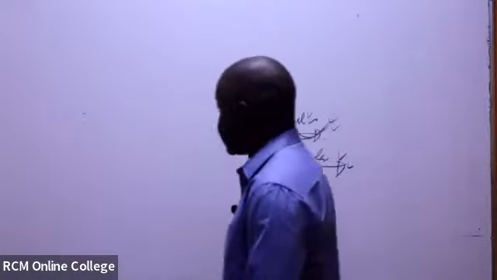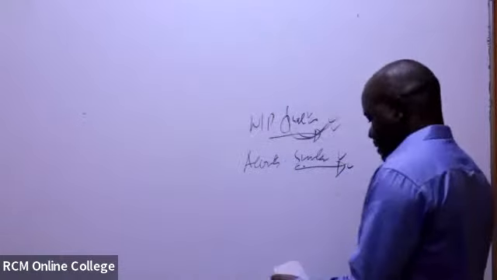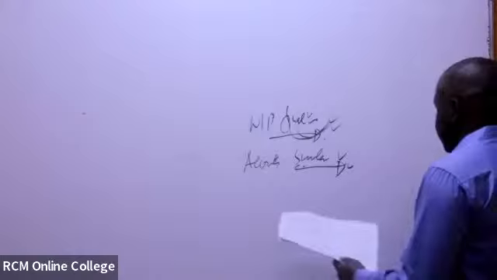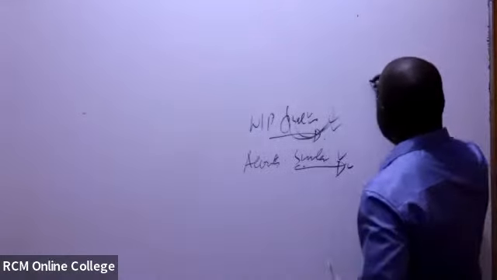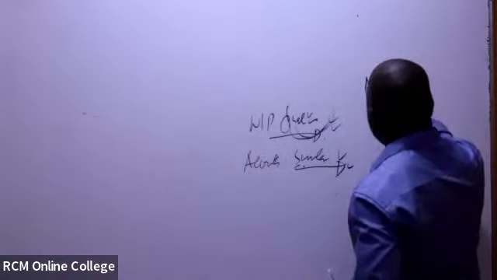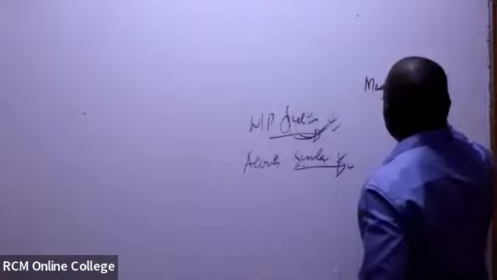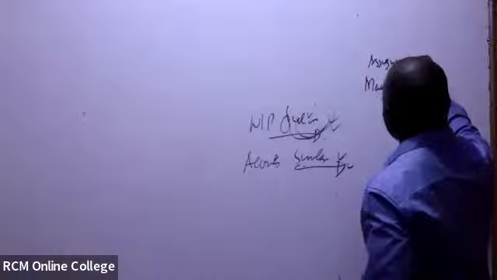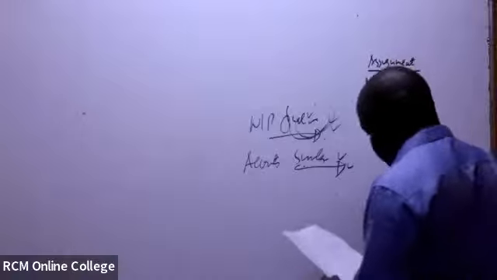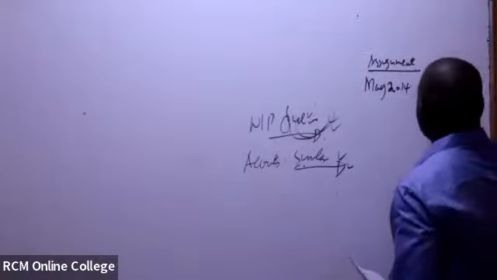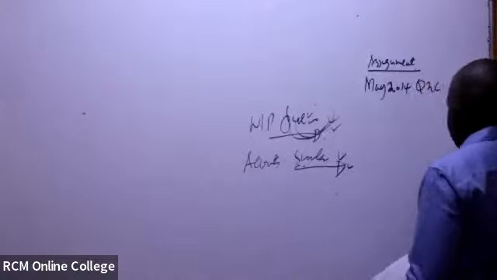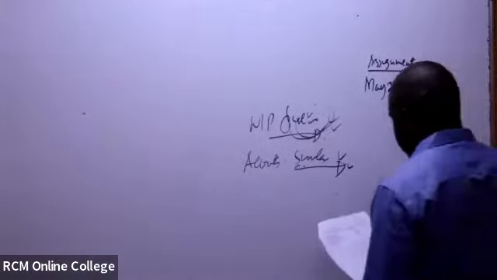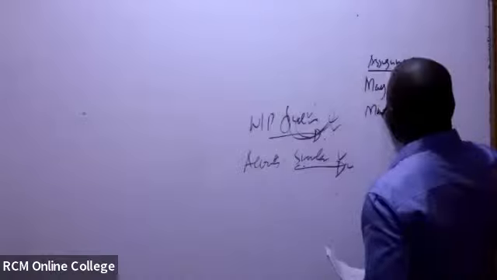So you can try these ones as assignment. Then I think we'll be able to look at them. This is the assignment: May 2014, question 2C. Then also try to look at May 2019, question 4.